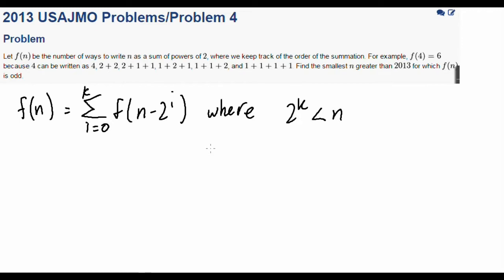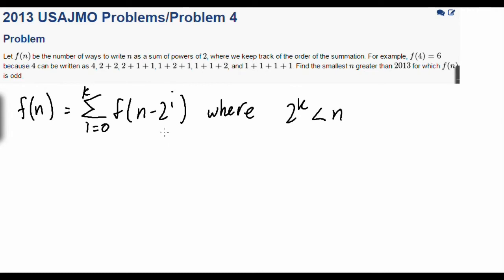So if you choose 2 to the 0 to be the first one you subtract, then 2 to the 1, 2 to the 2, it goes all the way to 2 to the k, the largest power of 2 that's less than n. So this expression is the sum of all the combinations for each number in which you've already chosen the first element, and you choose the rest.